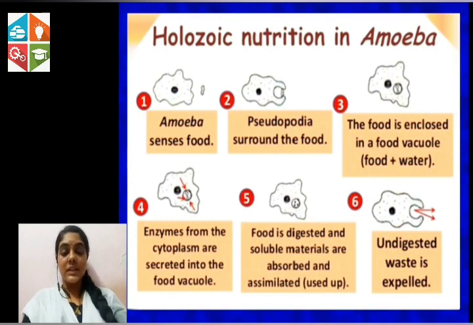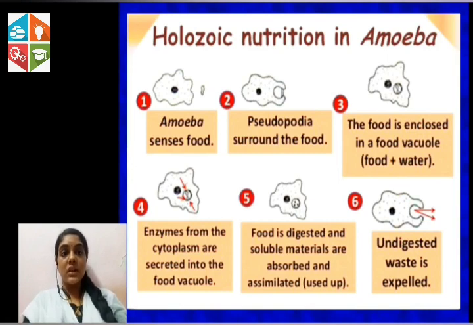How does an amoeba take in food? In the first diagram you can see that an amoeba is capable of sensing food around it. When it senses the food, its body turns into a finger-like projection called pseudopodia.